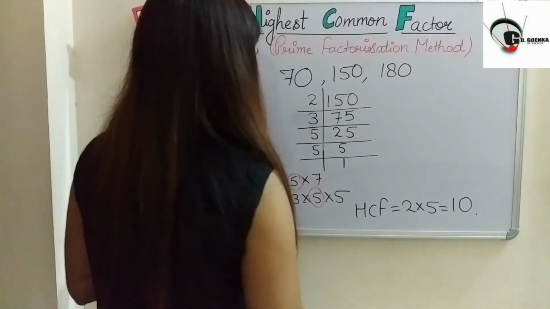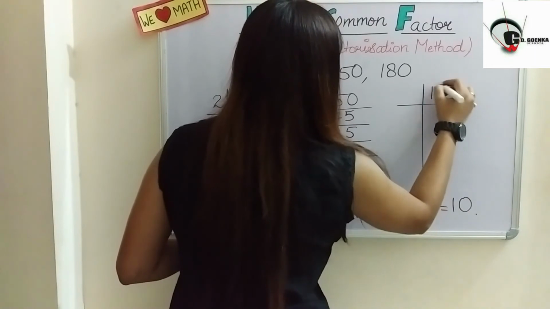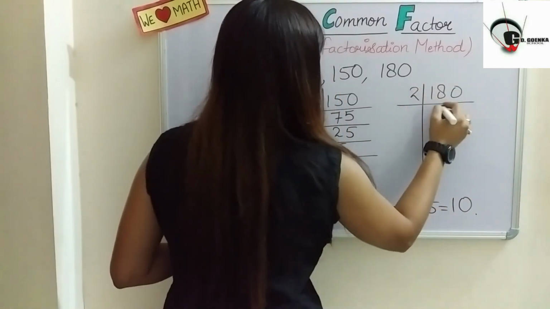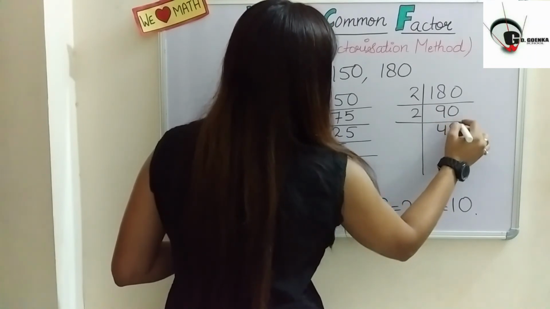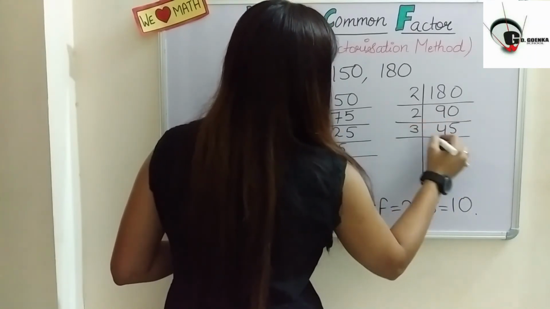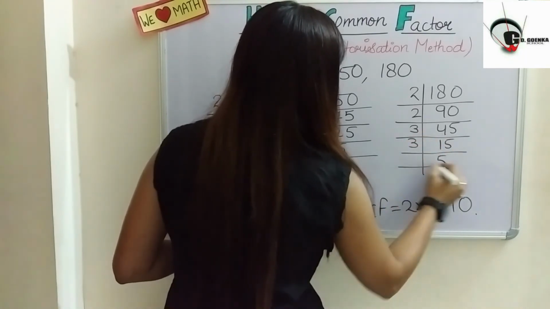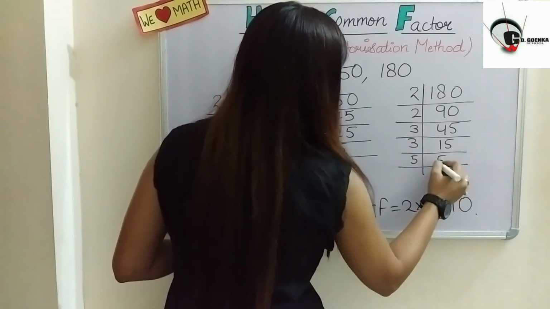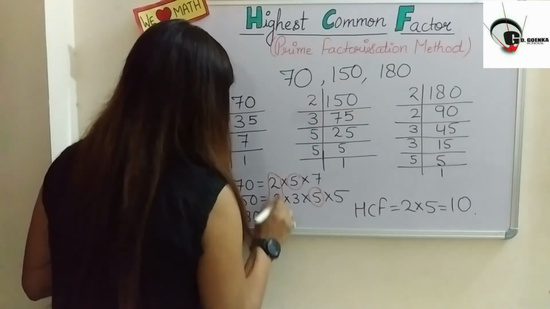Okay, children, so now I am doing the same for 180 as well. 2 90s are 180, 2 45s are 90, 3 15s are 45, 3 5s are 15 and then 5 1s are 5. And here also we need to write down this.